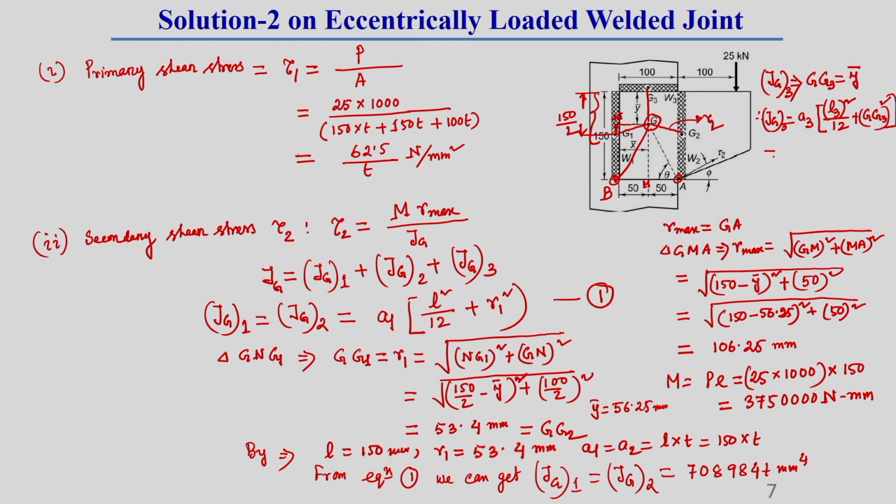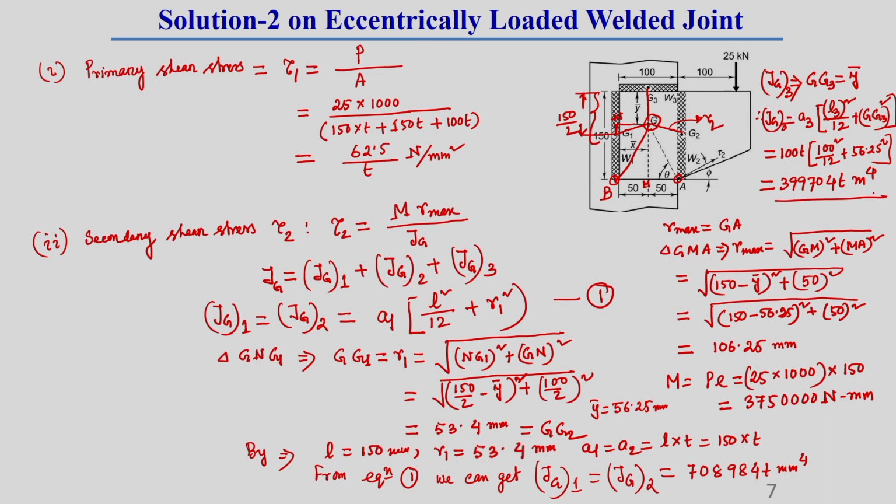A3 is 100 into T, L3 is 100 square by 12 plus 56.25 square. By putting all these things here, we are getting JG3 equal to 399,704 T millimeter to the power 4.